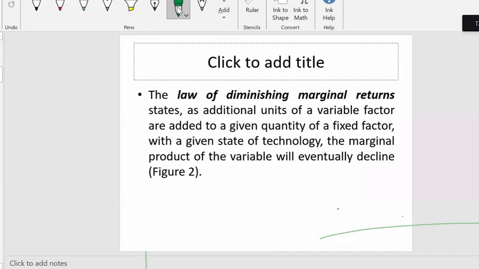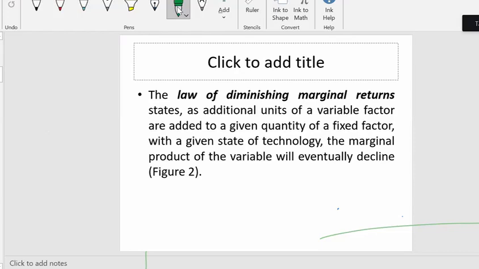The law of diminishing return states that as additional units of a variable factor are added to a given quantity of a fixed factor, with a given state of technology, the marginal product of the variable factor will eventually decline. This is the law of diminishing marginal return.